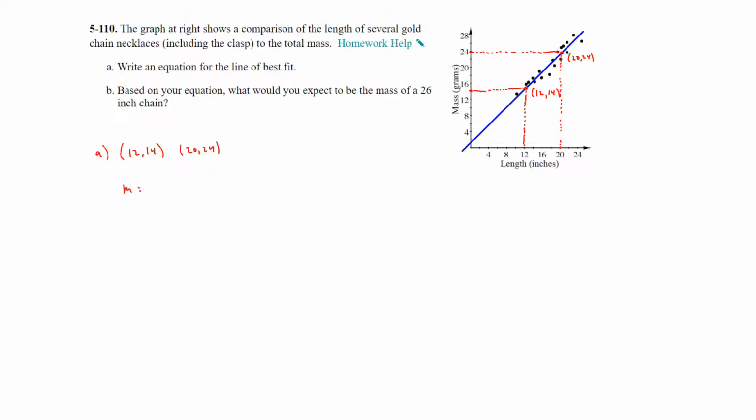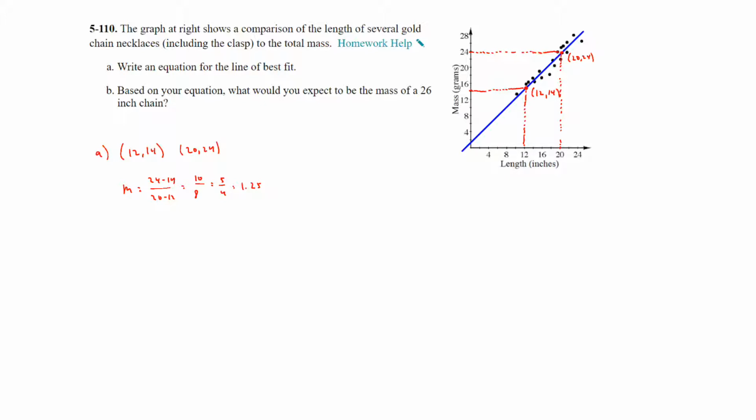So my slope: 24 minus 14, and 20 minus 12. So 10 divided by 8, 5/4, or 1.25 potentially.